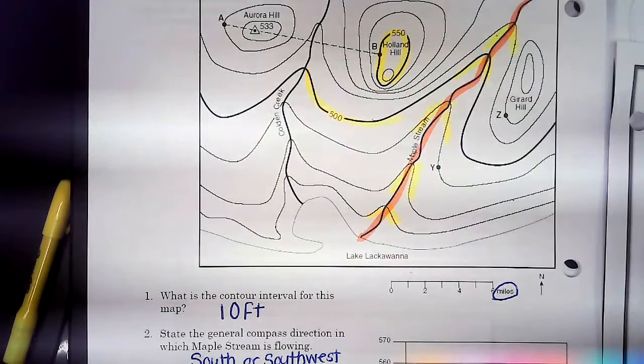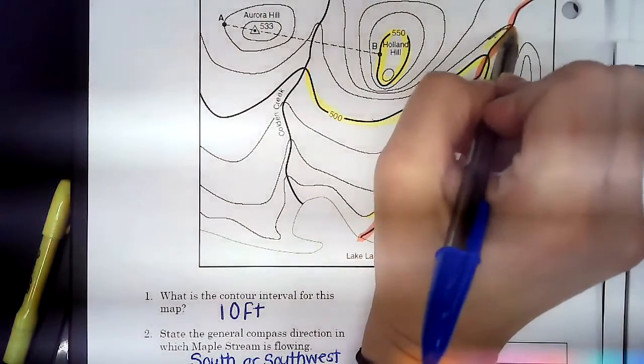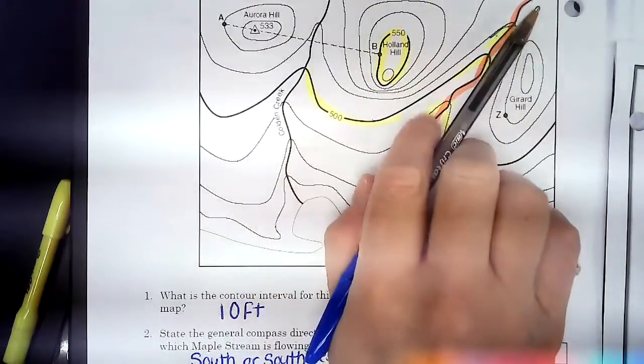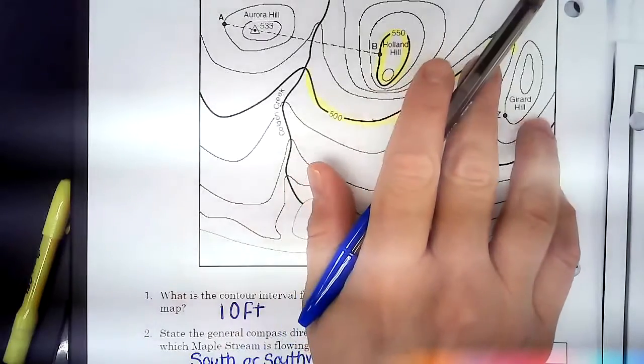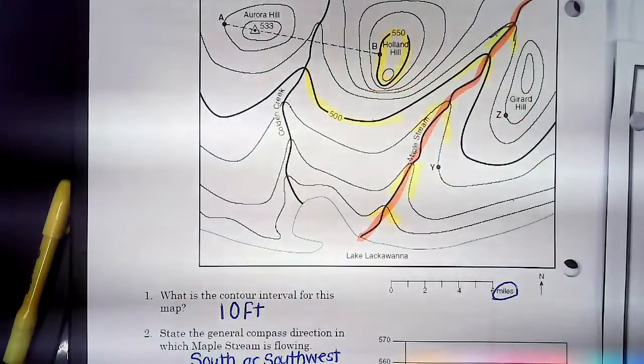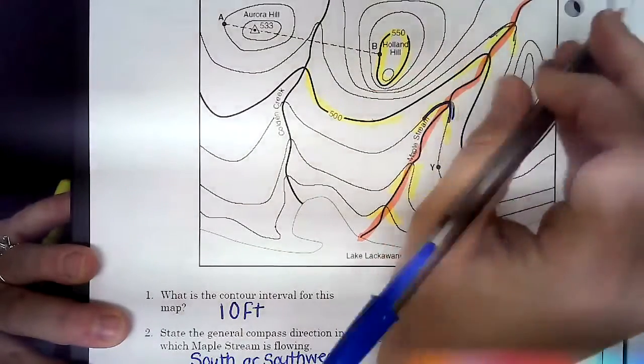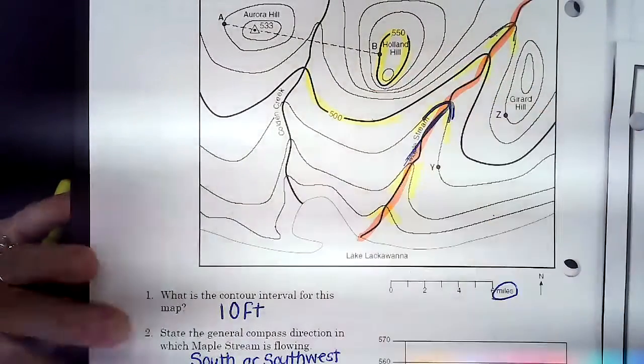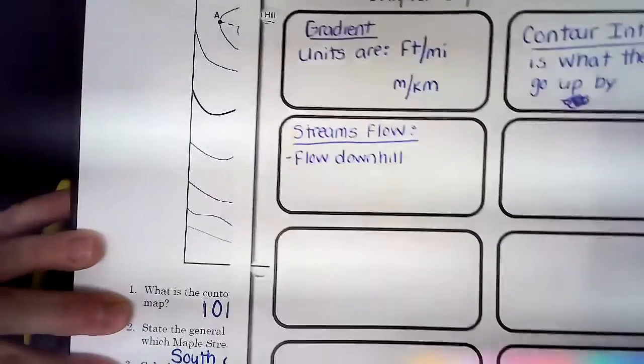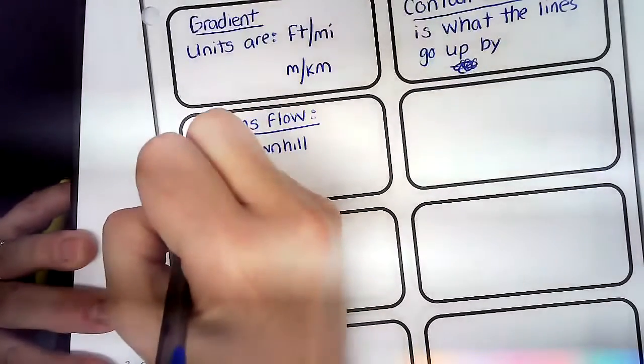That's one way of thinking about it. So if these V's are pointing to the northeast, that's where it came from. Or you can think about it as water flows out of the V's of the contour line. So here's the V, and the water is going to come out of them. That is almost more important than knowing the downhill.